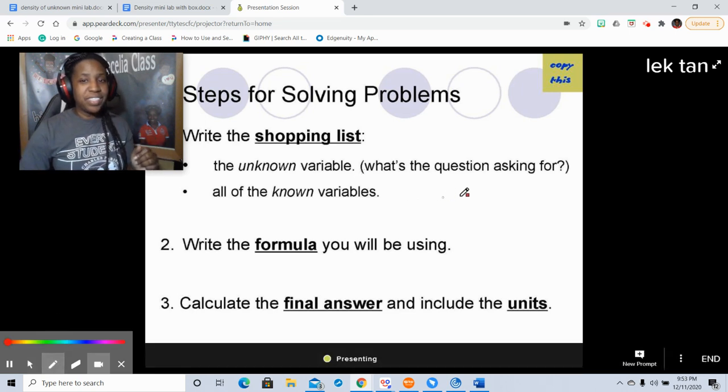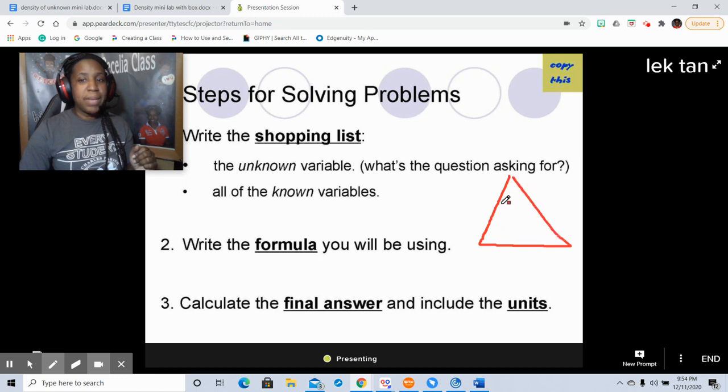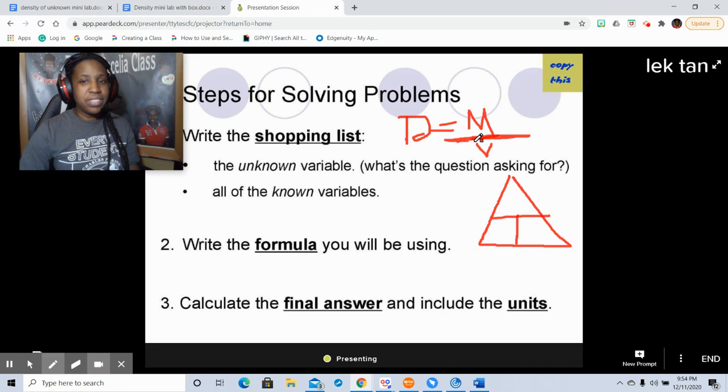But before we go today, I want to show you all a quick little trick for manipulating formulas. So we do know that D equals mass over volume. Let me show you how this works in this neat little triangle. You see this line here? This represents the line that's in a triangle. So that means the M would go here. Where do you think the V goes?